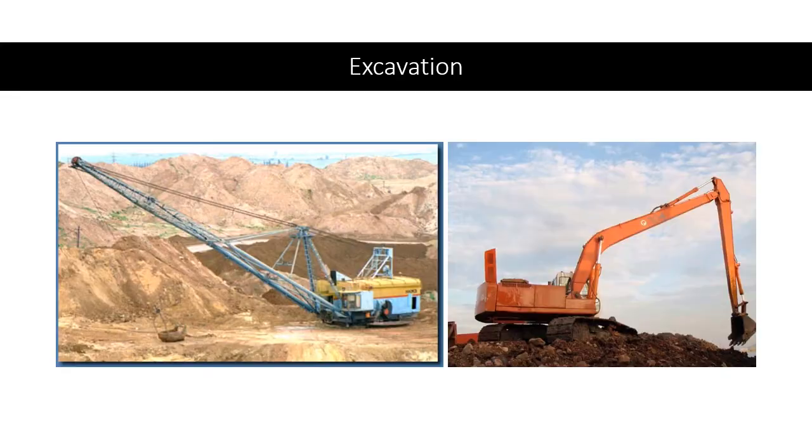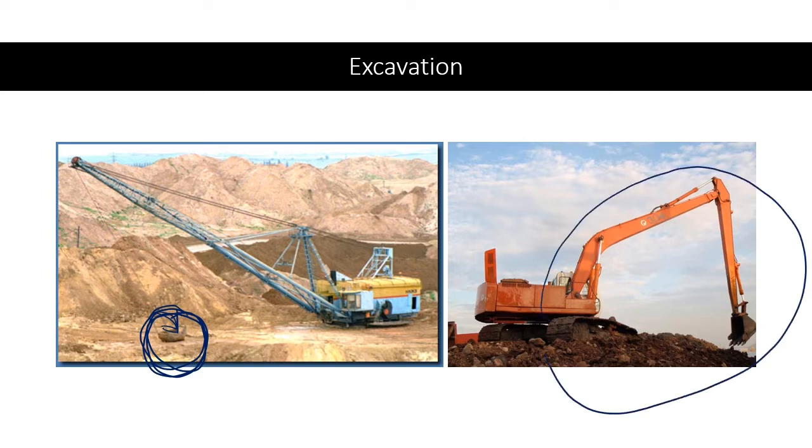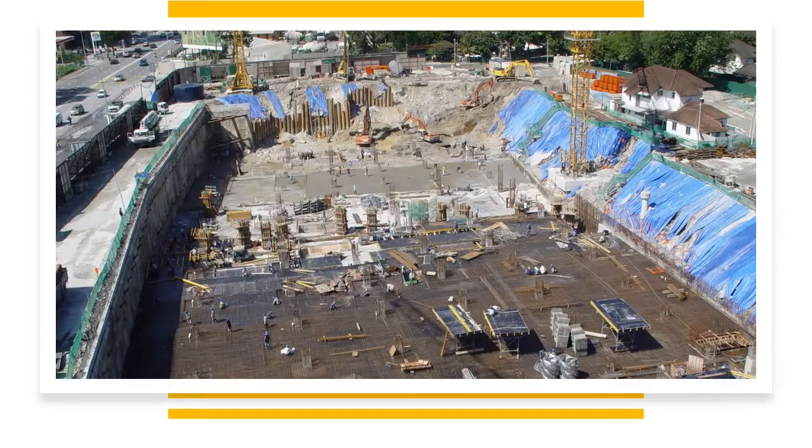This is the example of the drag line. If you look here, it has a bucket, so this bucket will be filled with the spoils that are being removed. So it will bring these spoils and remove them from the side, and this is the long arm excavator.